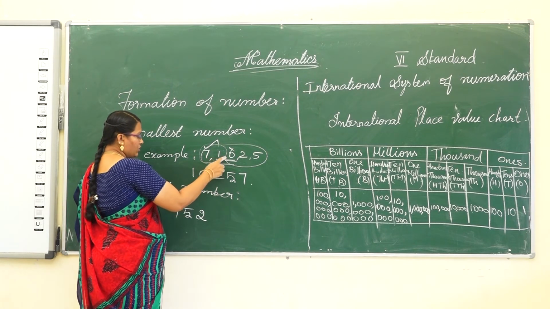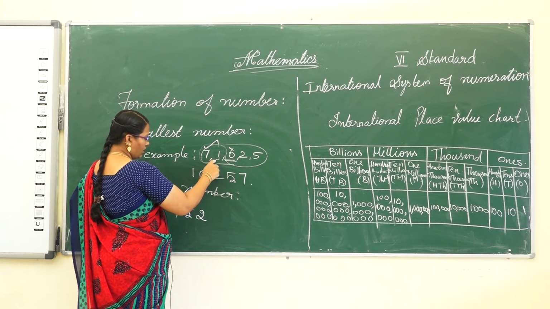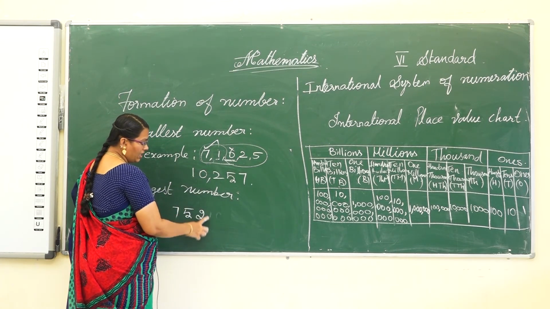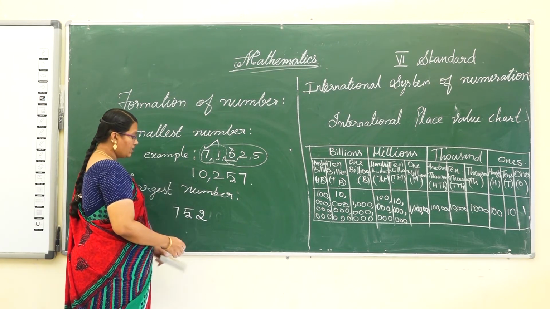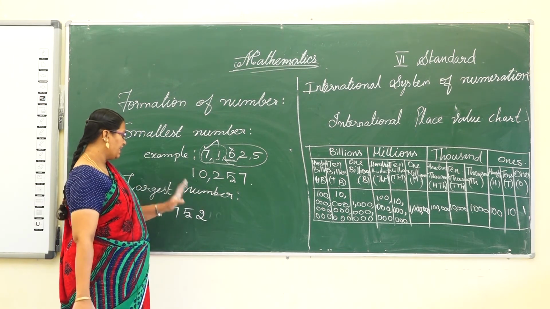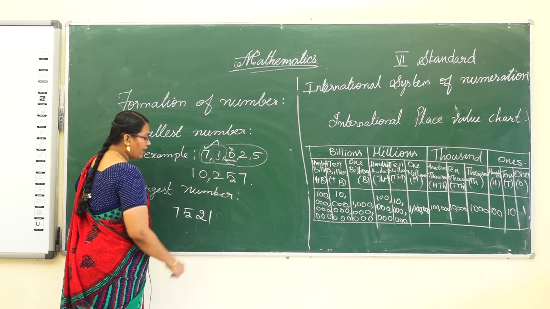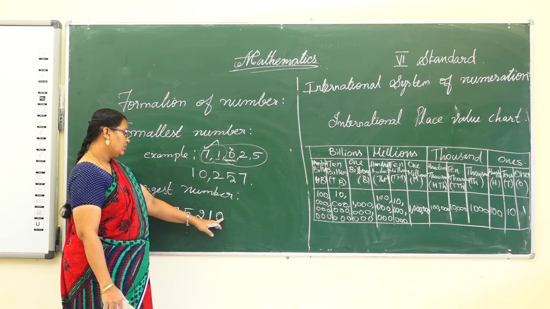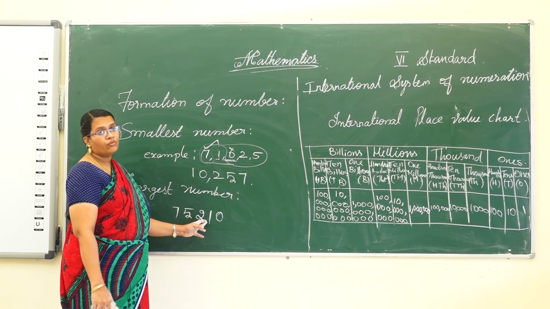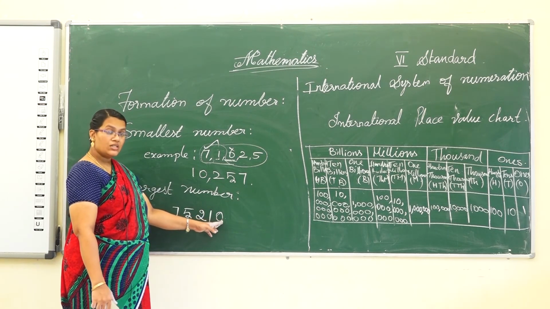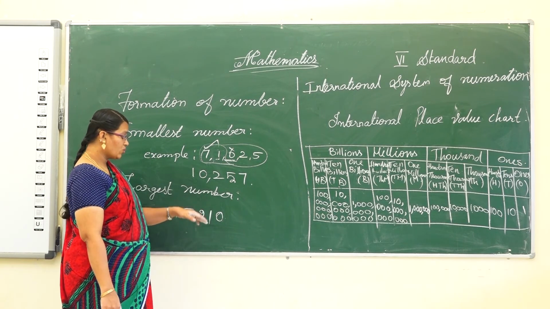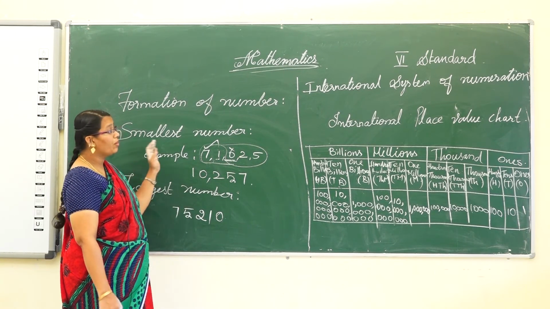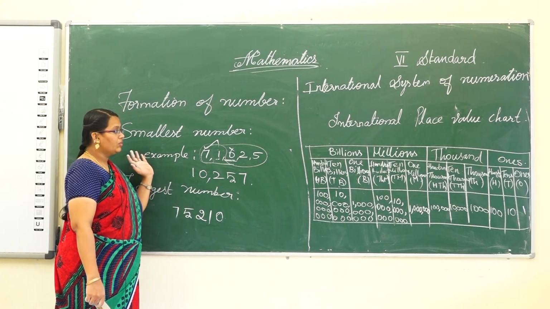And compare the remaining values: the greatest is 1, and after it 0. We need the greatest value in this place, so directly write the digits in descending order. In the case of the smallest number, you put the 0 after the 1, not in front of it. That is the smallest number. Here we find the largest number. That is the formation of numbers from given digits.